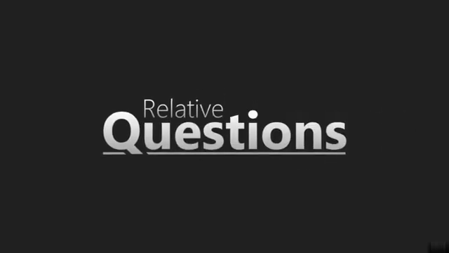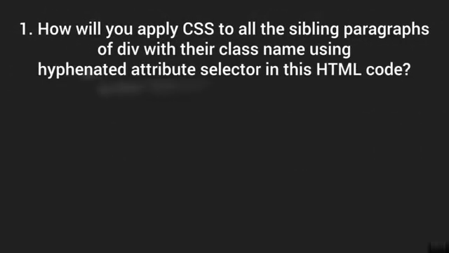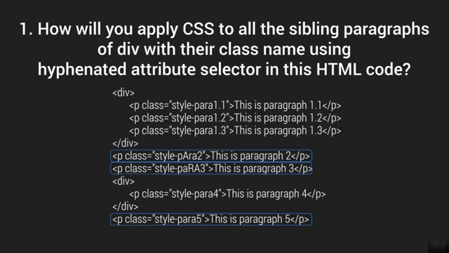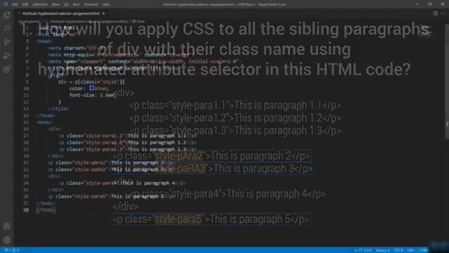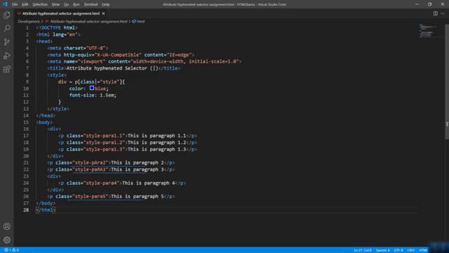Let's talk about questions. How will you apply CSS to all the sibling paragraphs of division with their class name using hyphenated attribute selector in this HTML code? So if you want to select all the sibling paragraphs of division, first thing you will write is div and then the tilde sign.